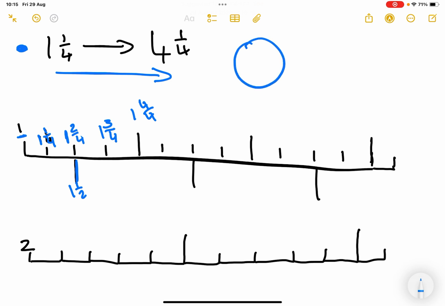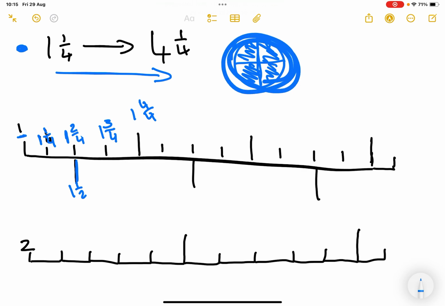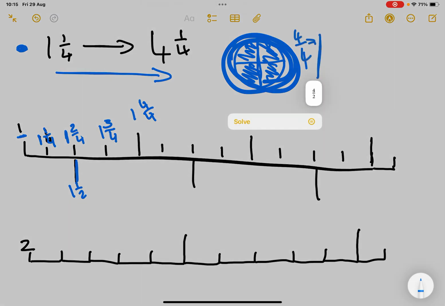Imagine if I had one of the pizzas from the tuck shop, they always cut up into 4 slices, and I eat one slice, I eat another slice, another one. Yes, I'm hungry. I eat all 4 of the slices. I've not eaten my whole pizza, it's one whole. 4/4: I've eaten 4 out of the total of 4 slices that I had, which is equal to one whole.